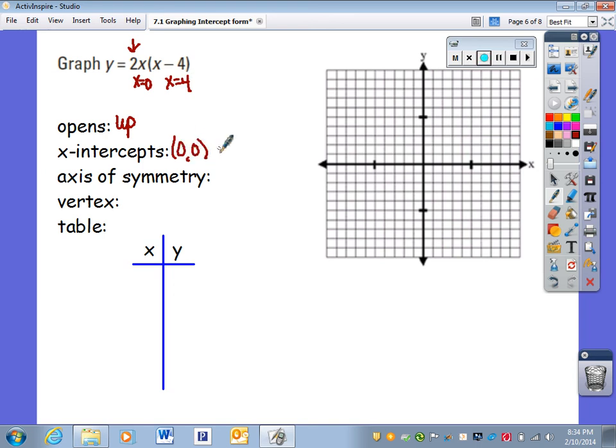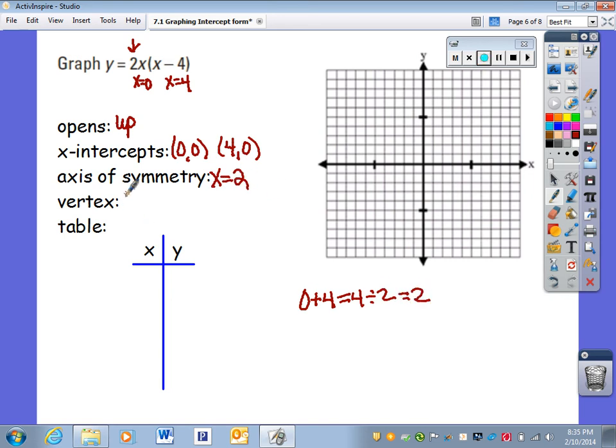So our x-intercepts are going to be at the origin, which is 0, 0, and at +4, 0. So to find our axis of symmetry, remember we're going to add the two together. 0 plus 4 is 4. And then divide by 2. So our axis of symmetry will be at a +2.